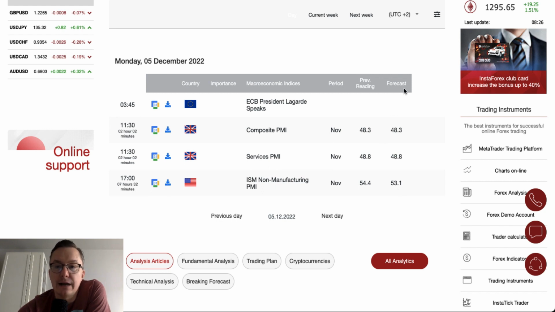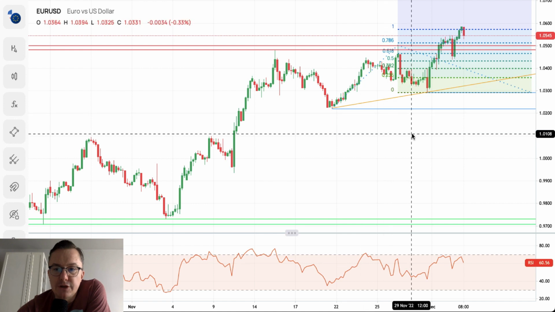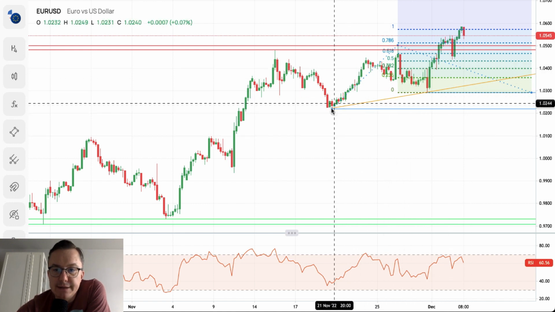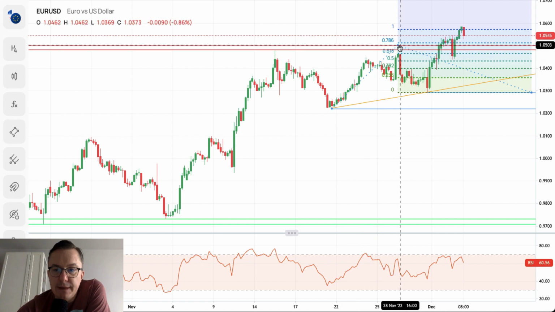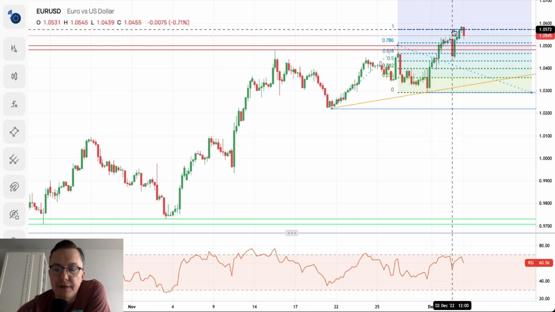So let's start with the analysis of euro dollar. Our chart of the euro dollar is showing us a nice movement to the upside. As you can see, this recent spike up and then the pullback was made just to hit 100% of the extension.